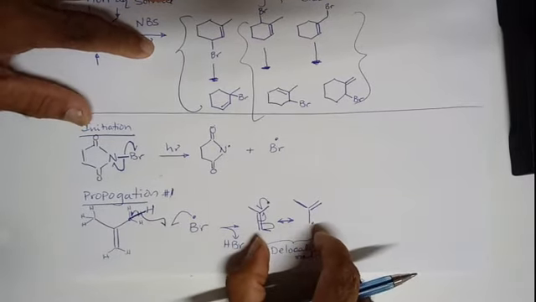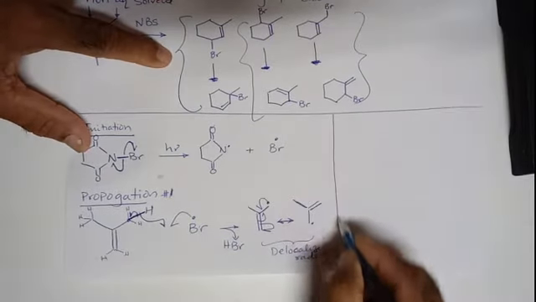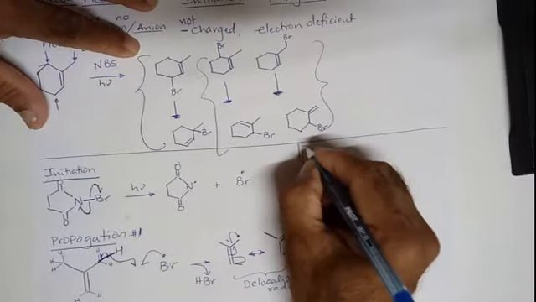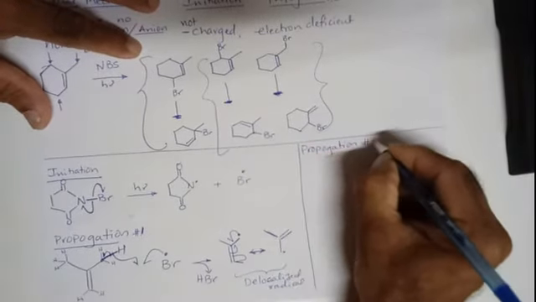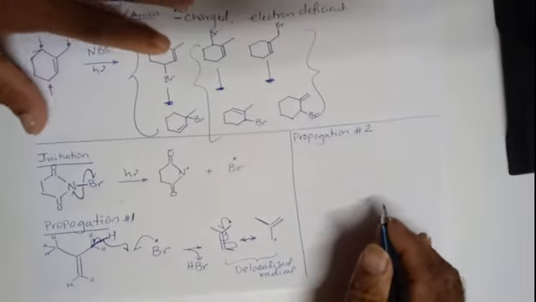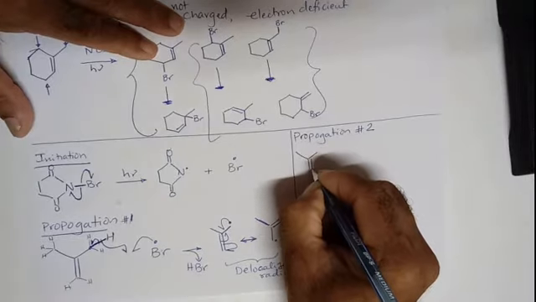This delocalized radical, this is propagation step number 1, goes through propagation step 2. Let me take the first radical itself.